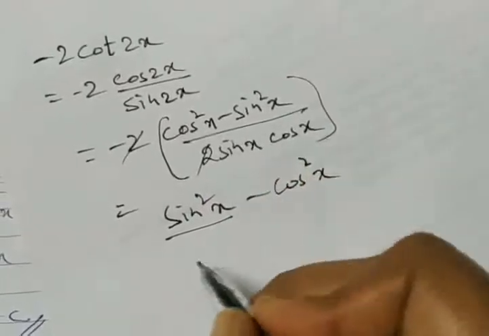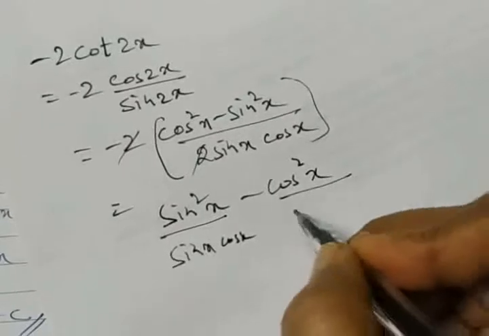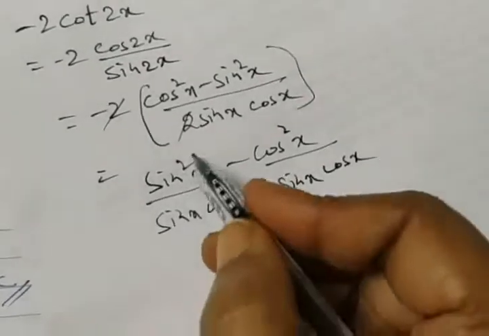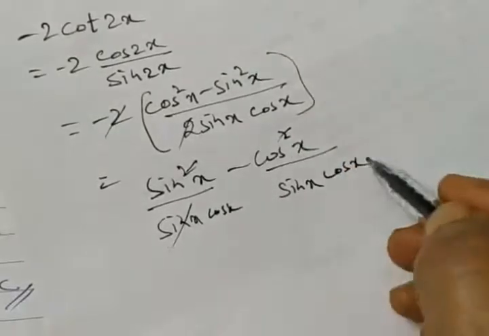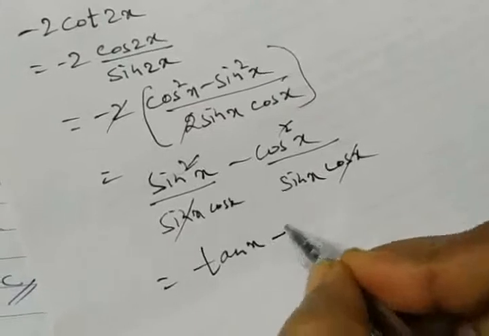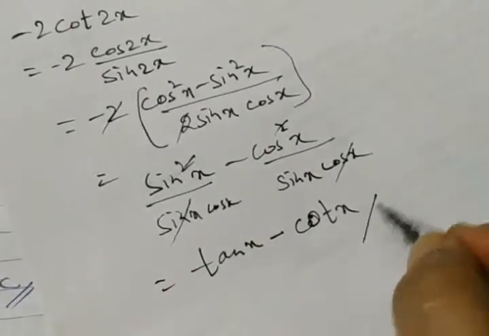Denominator can be taken for individual, we have sin x cos x, I can take it as sin x into cos x. So sin term gets eliminated, cos term gets eliminated. We are left out with sin by cos as tan x minus this is cot x. Okay, should be the answer.